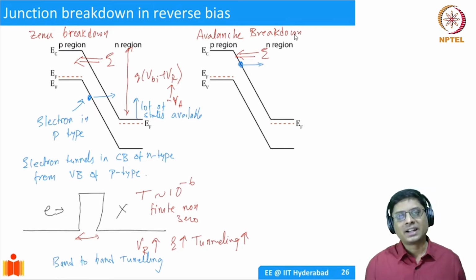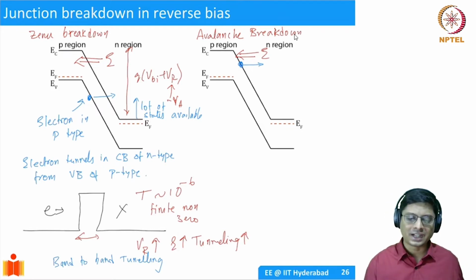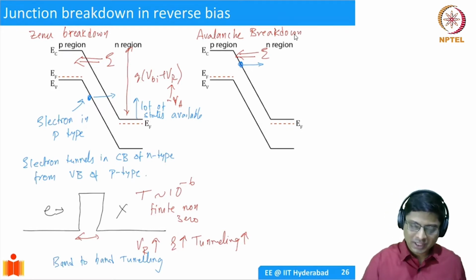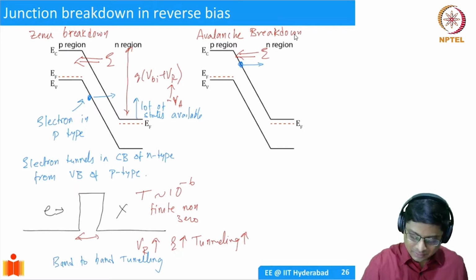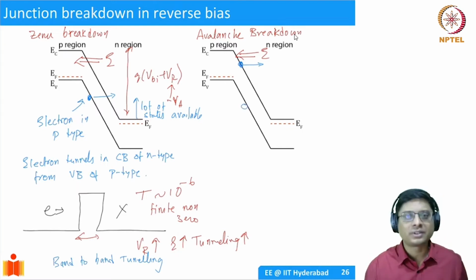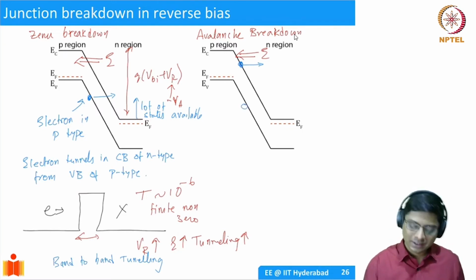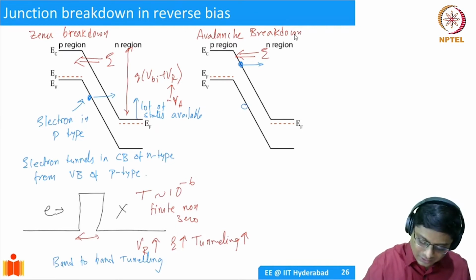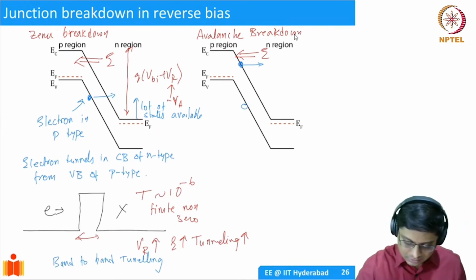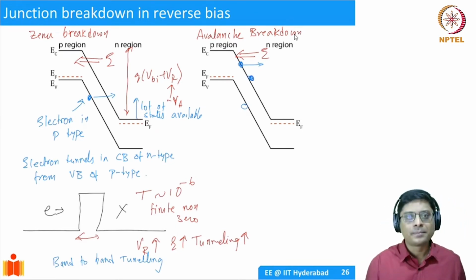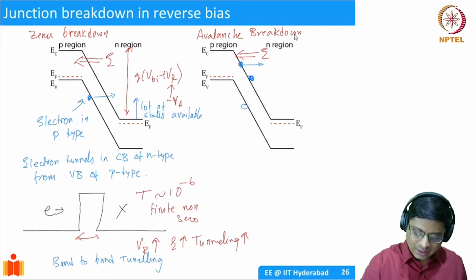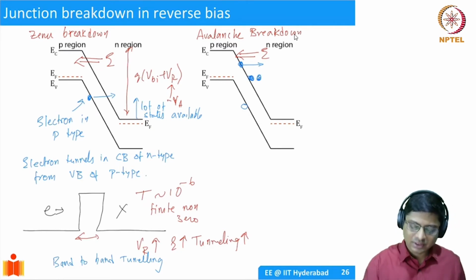With that kinetic energy, it can knock off an electron from the lattice, right? So it can knock off an electron from the lattice and create a hole in the valence band and an electron in the conduction band. And then there's also the original electron, right?